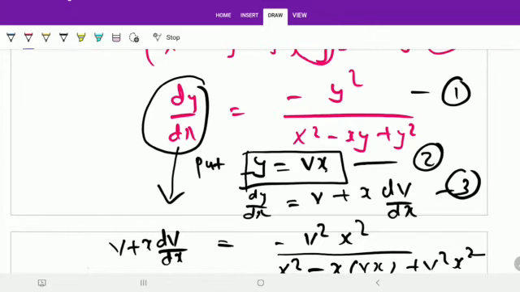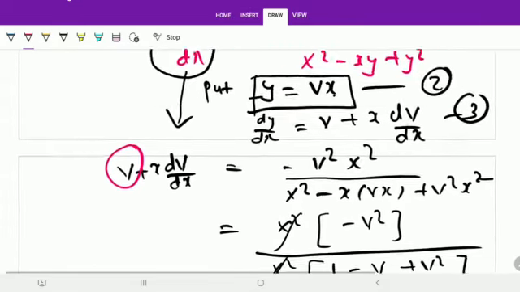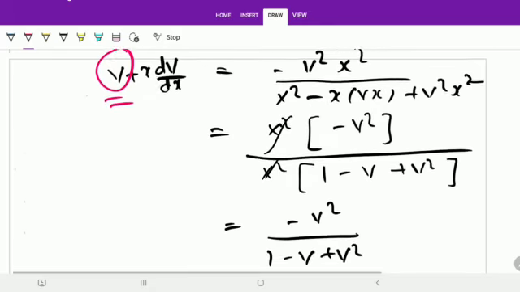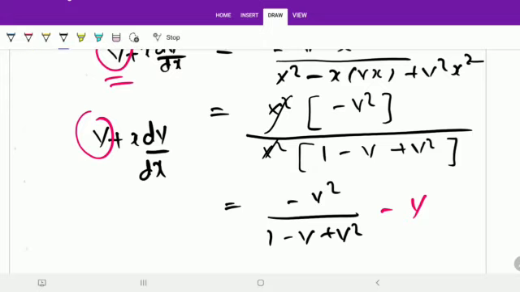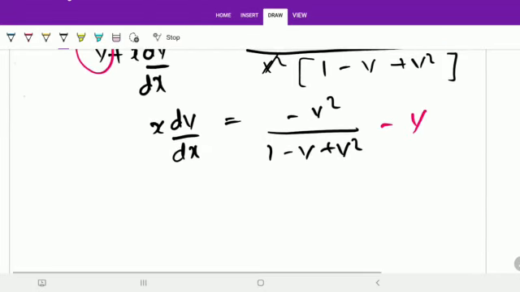Now what we'll do is, first thing, this v should be taken on the other side. So we have here v plus x dv by dx. If I take this v on the other side, this will be minus v. So we are left with x dv by dx. We just cross multiply and simplify this part, so minus v square.